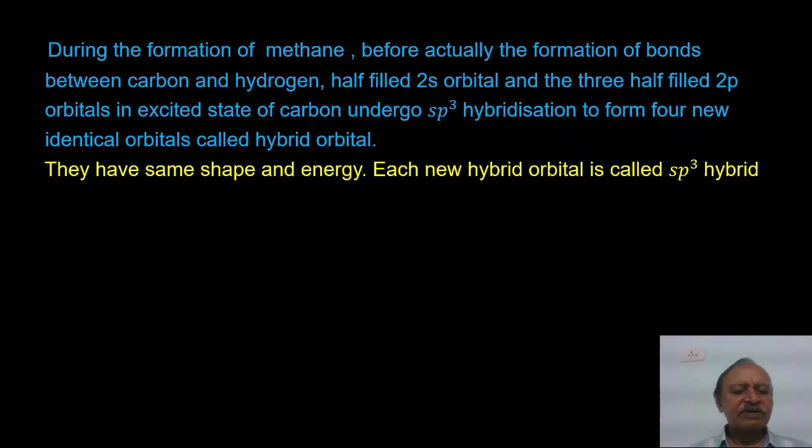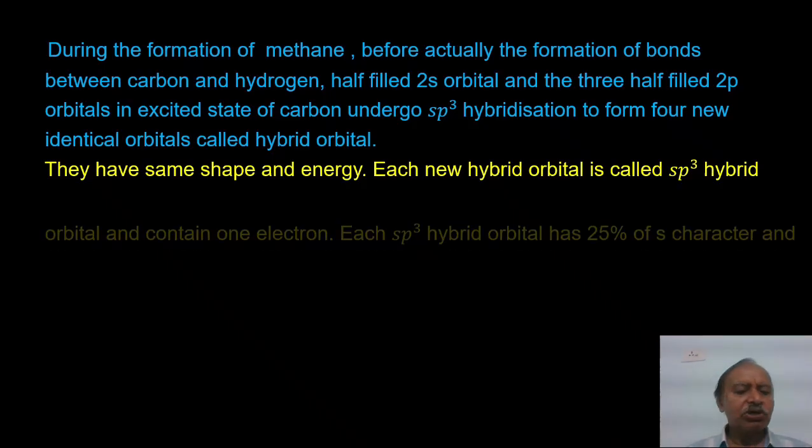This results in the formation of 4 new orbitals, which are known as hybrid orbitals or hybridized orbitals. They are identical, that means they have the same shape and same energy, and each new hybrid orbital is called an sp3 hybrid orbital, and each of them contains one electron.